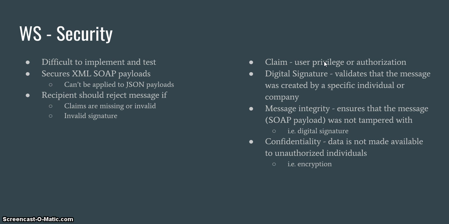A digital signature is used to sign the message, and the recipient is able to recreate the signature to validate that the signature it created matches the signature that you did. So that's where the message integrity comes in. And then confidentiality is to make sure that an unauthorized party can't read the message. That's encryption.